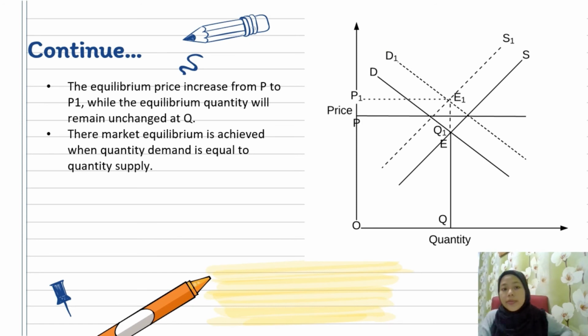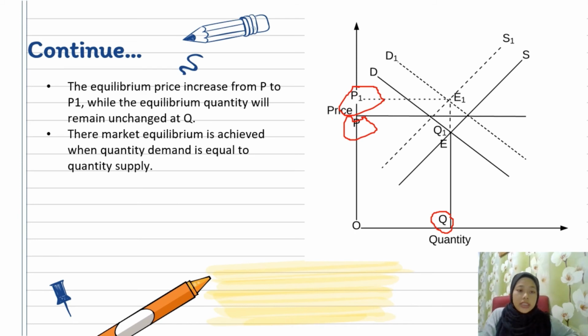Therefore, the equilibrium price increases from P to P1. The equilibrium quantity will remain unchanged. That means no increase or decrease in the quantity of home fitness equipment.